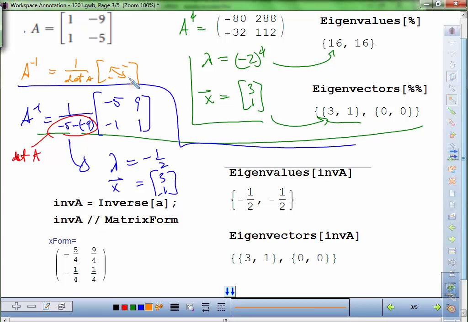If you can understand that, there's a quick way to find the inverse of 2 by 2 matrices. Questions?